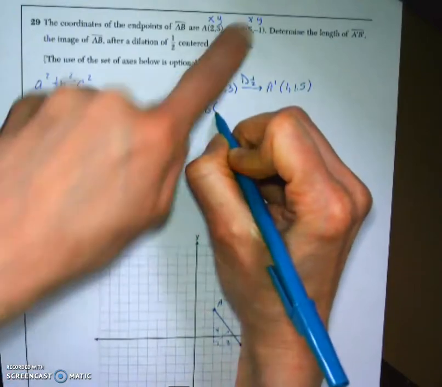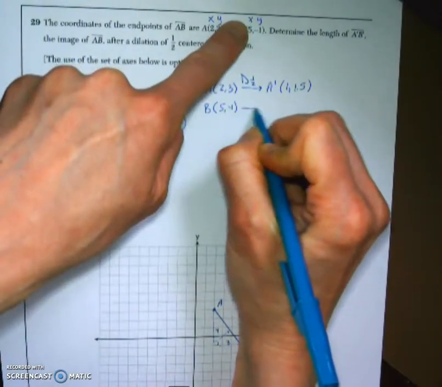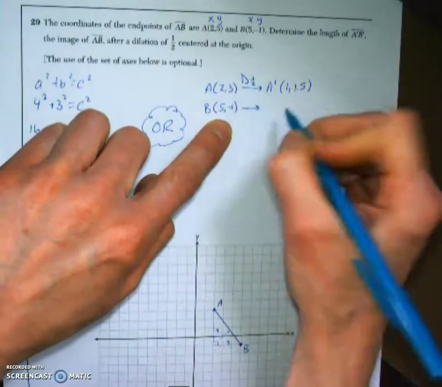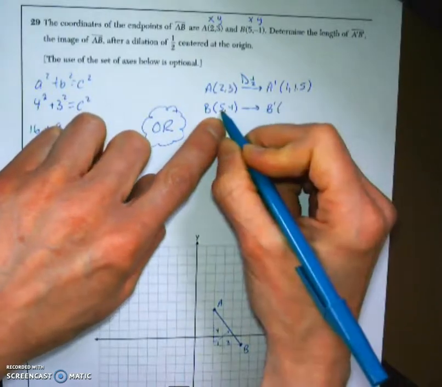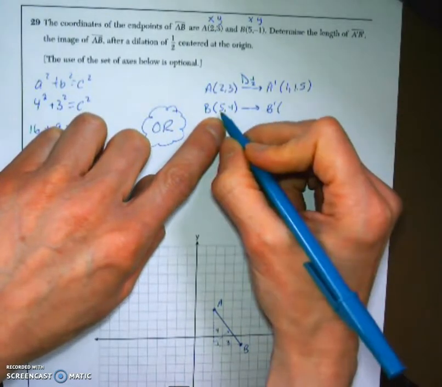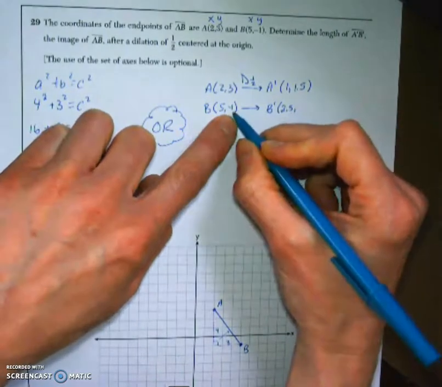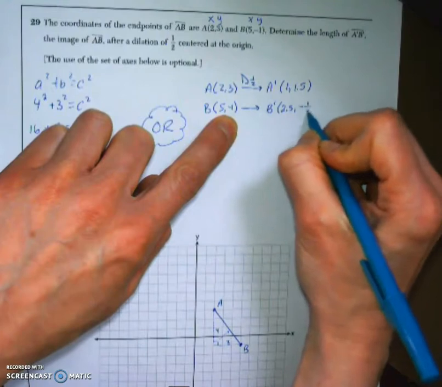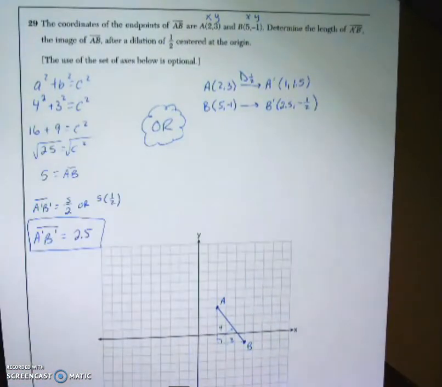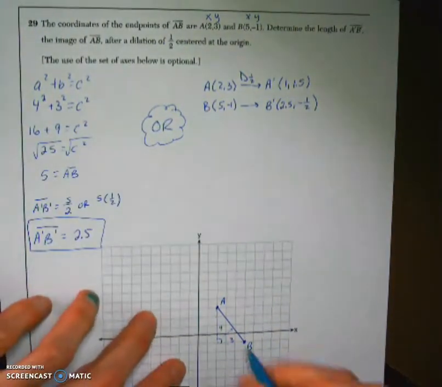Then we take B at 5, negative 1 and also multiply both numbers by a half. B prime would end up at half of 5 is 2.5, and half of negative 1 is negative a half. So what we can do this time is plot these points.